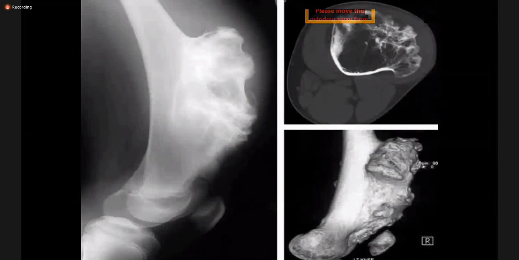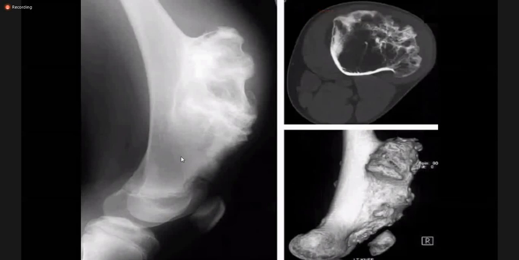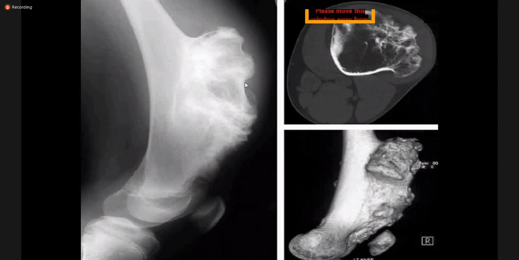This is the X-ray lateral view of the femur. This is the CT, and this is the 3D CT. There is a bony outgrowth with chondroid calcification.